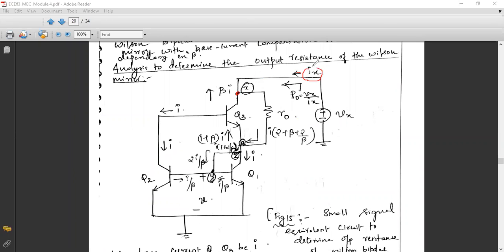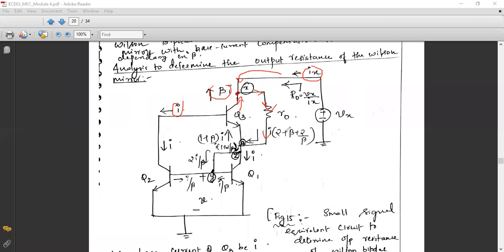One is Ix, right? And another one is beta I, that is nothing but your collector current in this direction, right? This is the collector current. Collector current is nothing but the base current I into beta, right? So beta I is one incoming current and Ix is also one incoming current, right? As a result, from X, one current will be moving outwards and it will be flowing through R0, which is nothing but the sum of Ix and beta I.